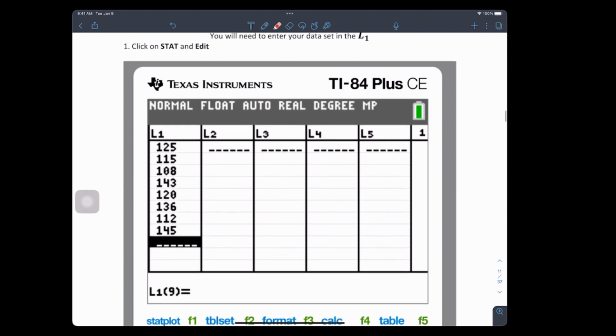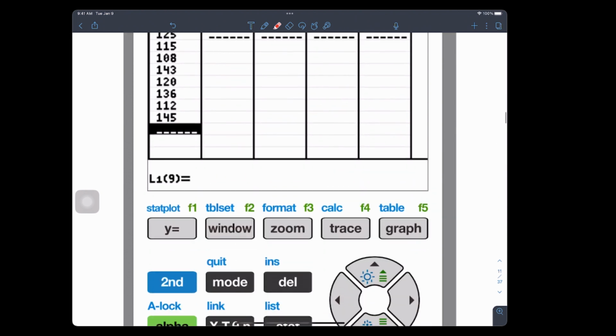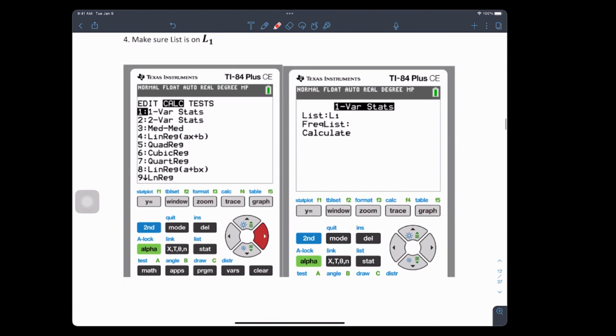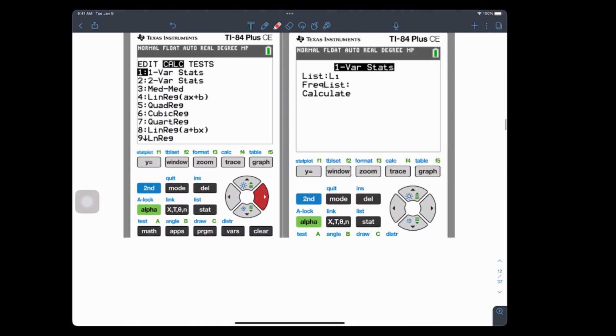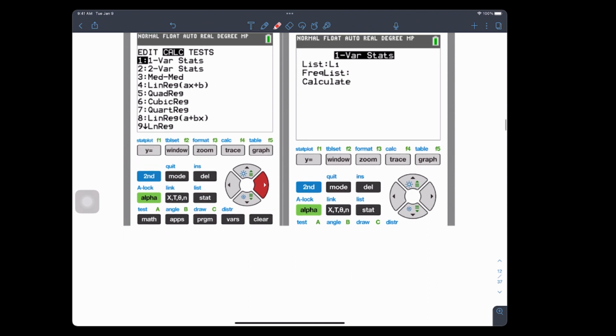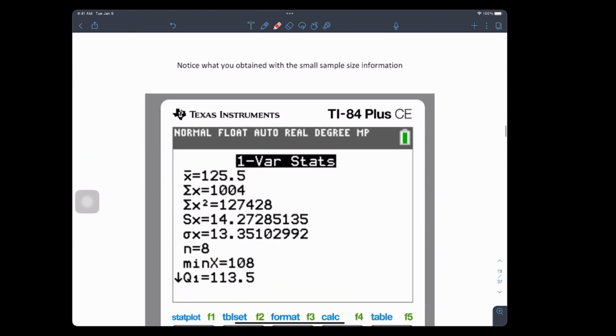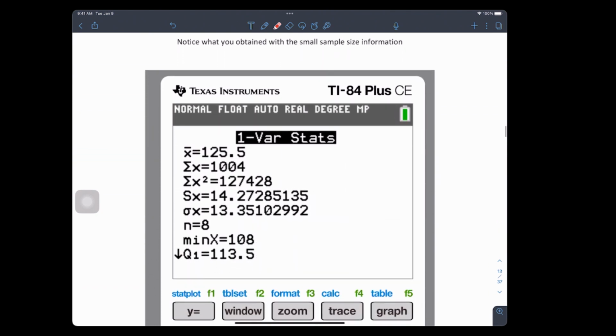We entered everything here in that L1. And I reminded people what to do in L1. Don't put anything in the frequency. Delete it. I don't even know what that means, frequency list. Ask those programmers. Here's your test statistic. Well, no, here's the mean, variance, standard deviation.